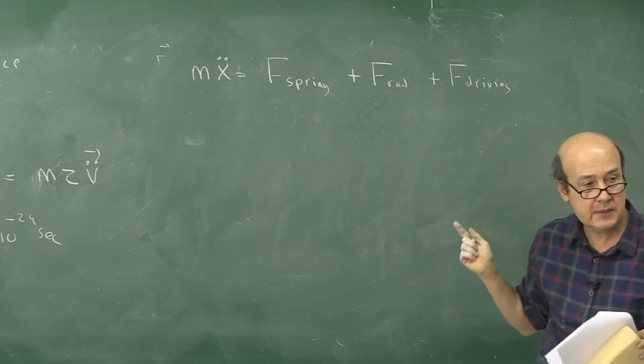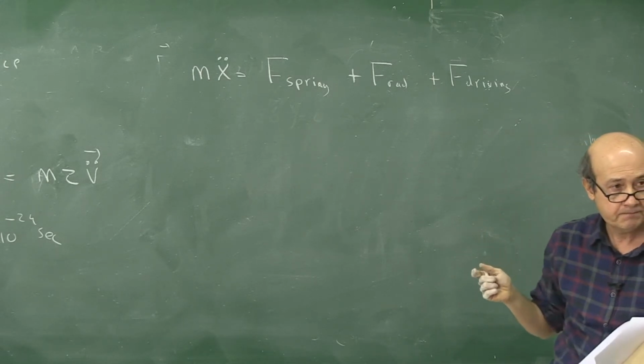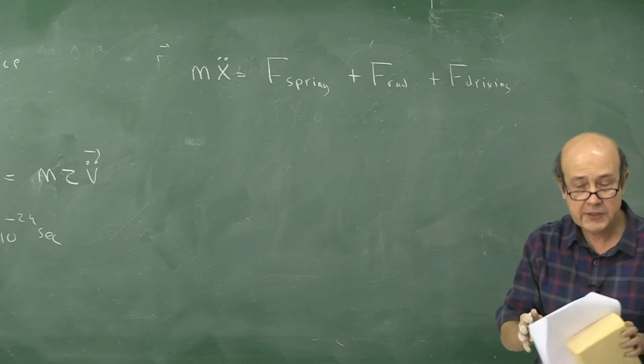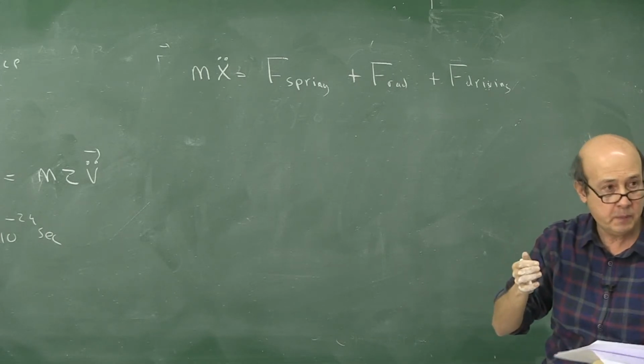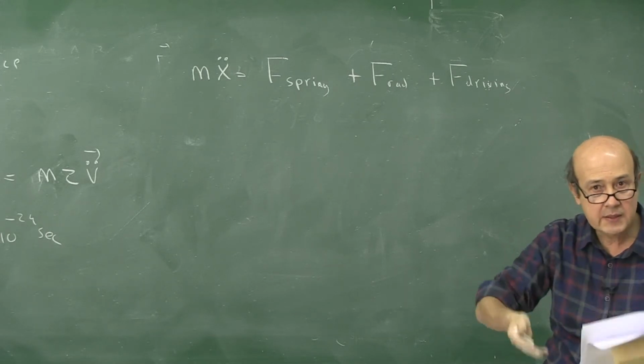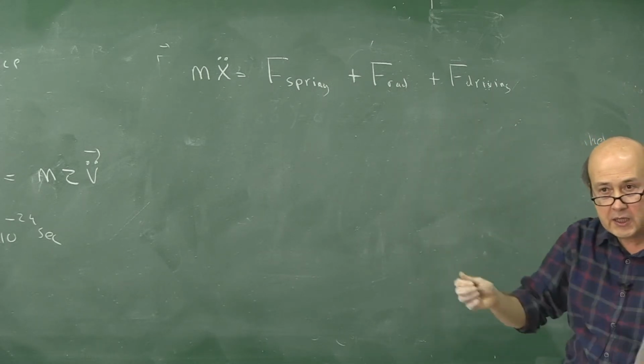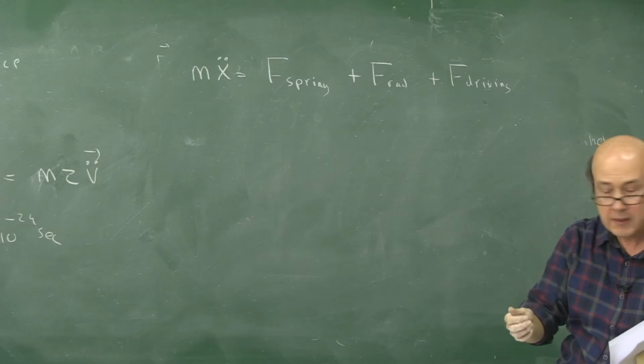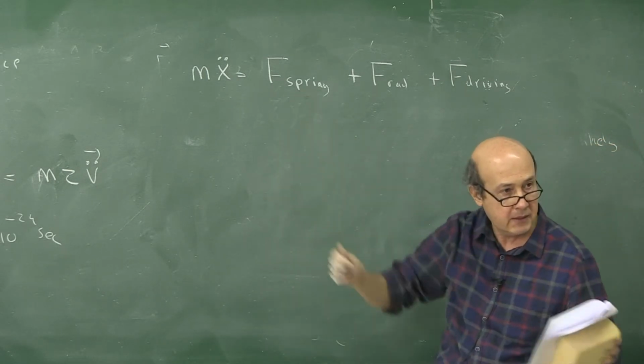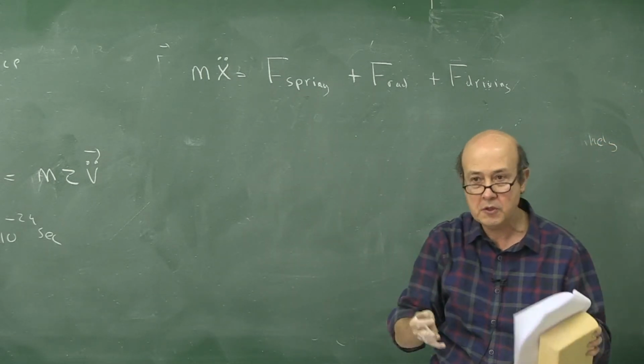I will apply this in the following problem. Instead of a free charge, now we will have bound charges, and the incident electromagnetic wave is the driving force. The charge is oscillating, but it has a spring because it is bound to the molecules or atoms.